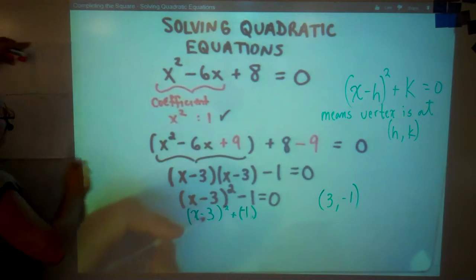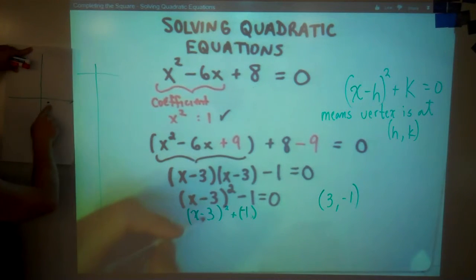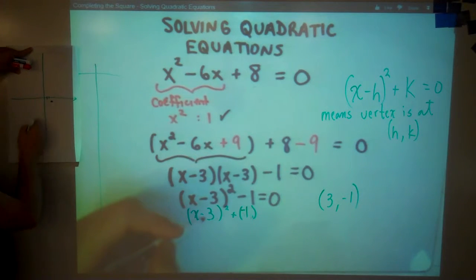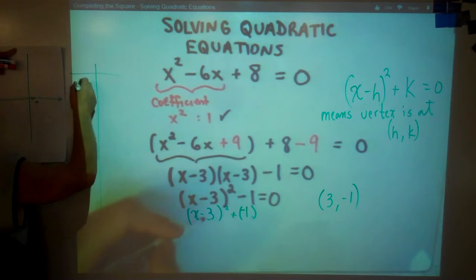We could go ahead and graph that by simply plugging in, let's plug in when x is 2 and when x is 1. We'll do 2 points on the left side of that.